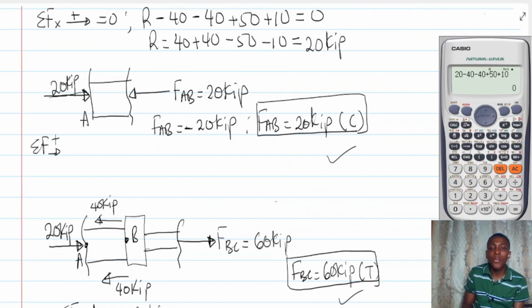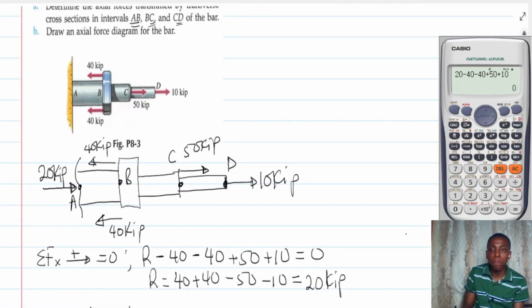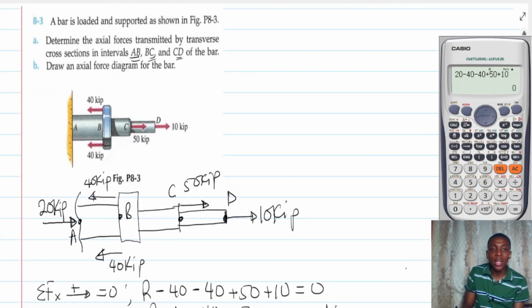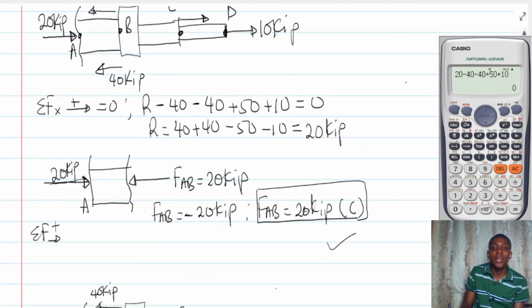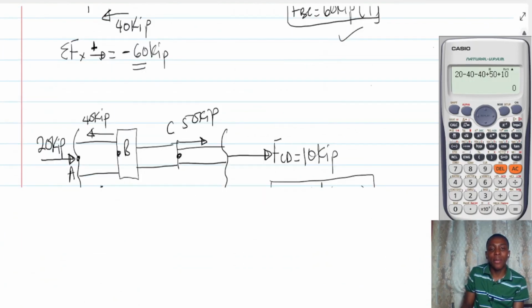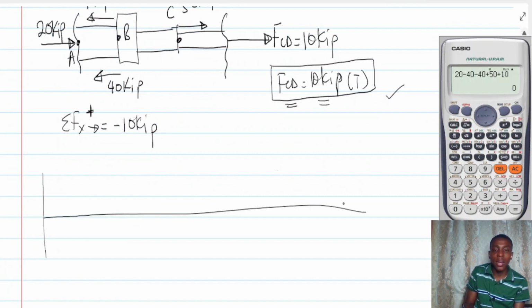All right, so now we have the forces in the members. Let's look at the axial force diagram. The axial force diagram is a diagram which represents the axial forces as I move through the cross sections.